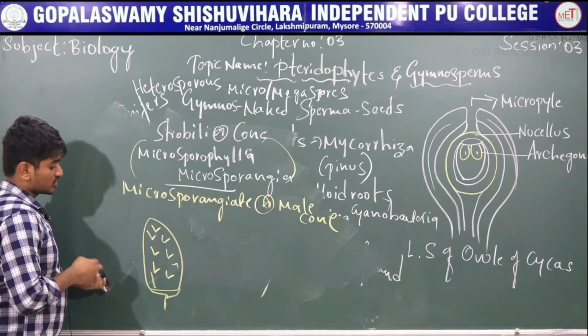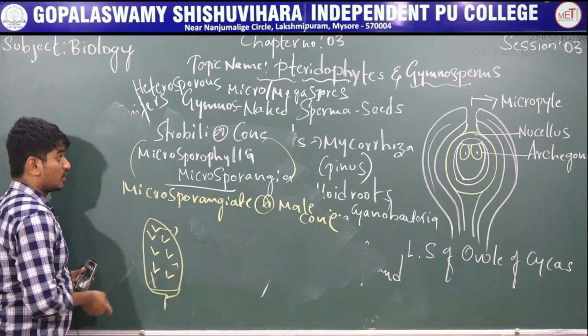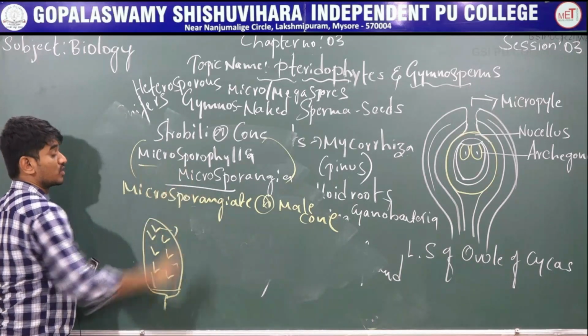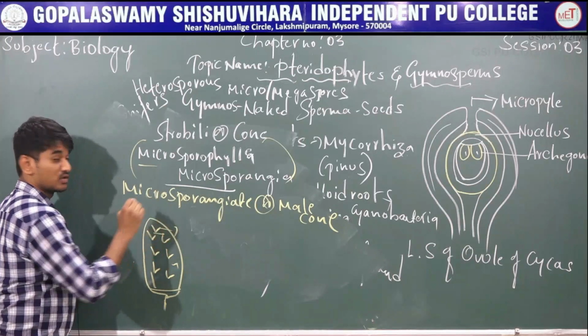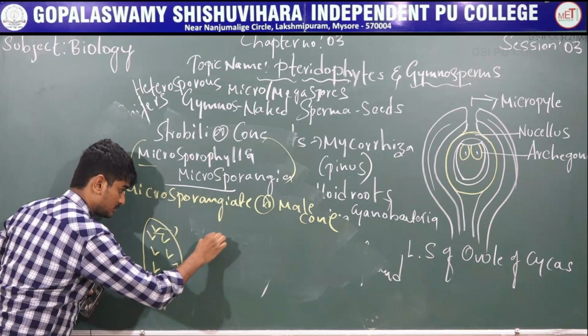Okay, so this microsporangiate bears a number of microsporophyll. So this is called microsporophyll. I will draw the structure of microsporophyll.